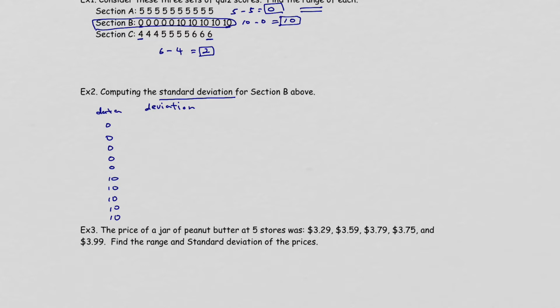In order to find the mean, as we did in the other sections, you're going to add all the data and divide by the number of data, which in this case is going to be 5. So when you subtract the mean from all the data, that's what you're going to get.